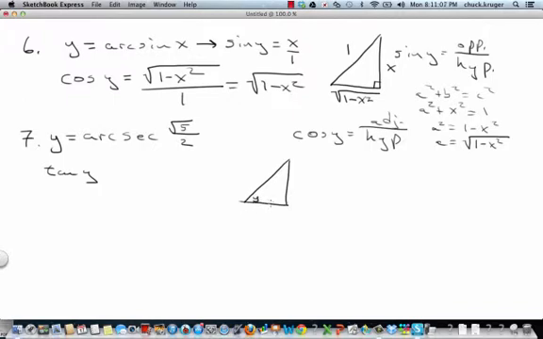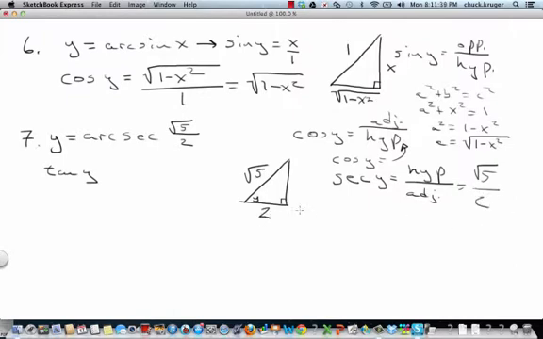Here's y, and it's a right triangle, and the secant of y, well, the cosine of y, you can remember, is adjacent over hypotenuse, so the secant must be hypotenuse over adjacent. That means the square root of 5 must be my hypotenuse, and my adjacent must be that 2.